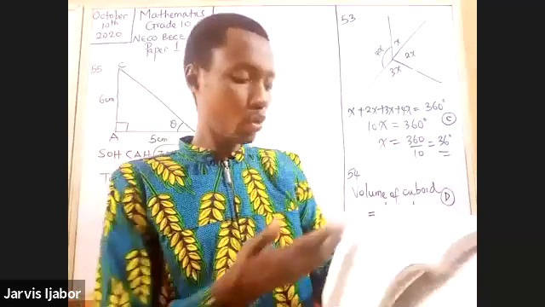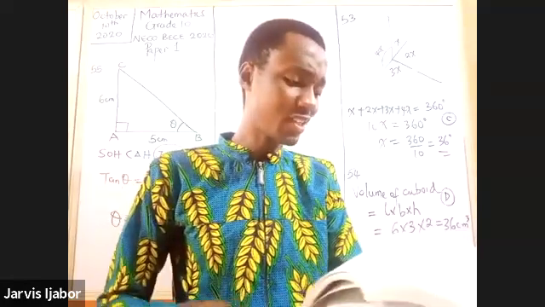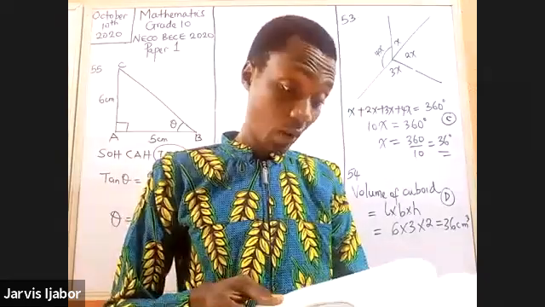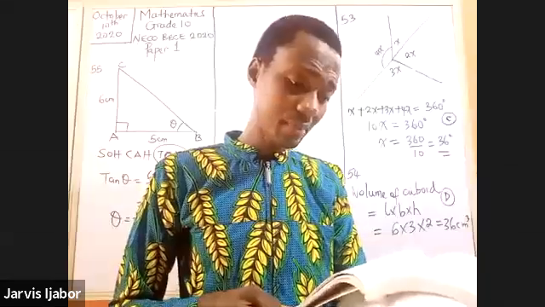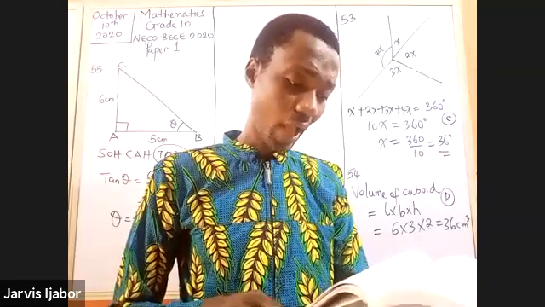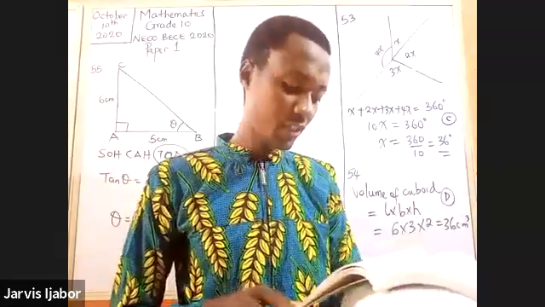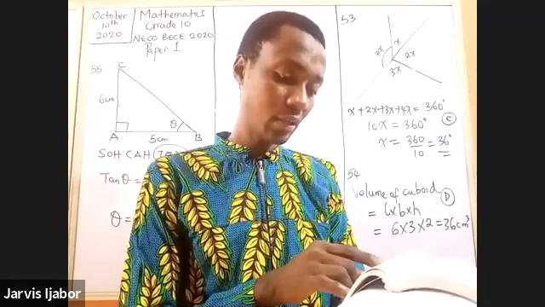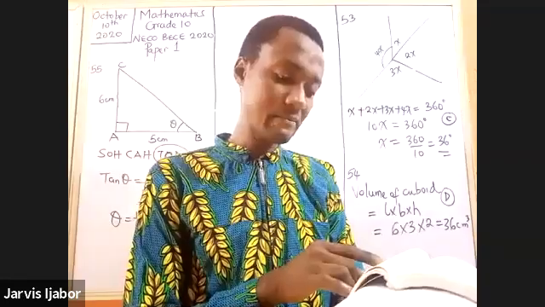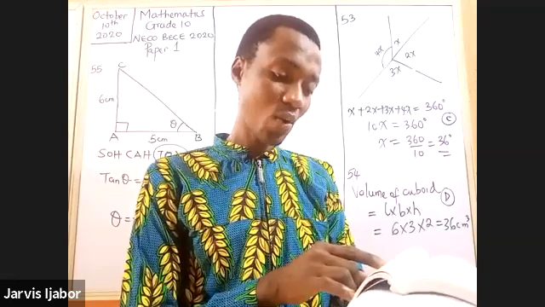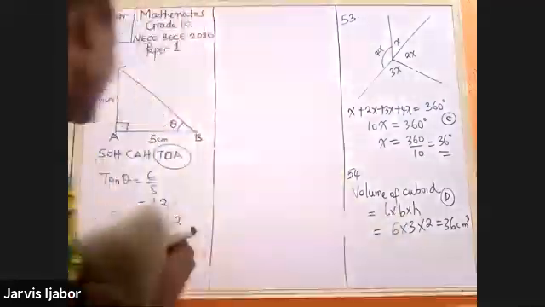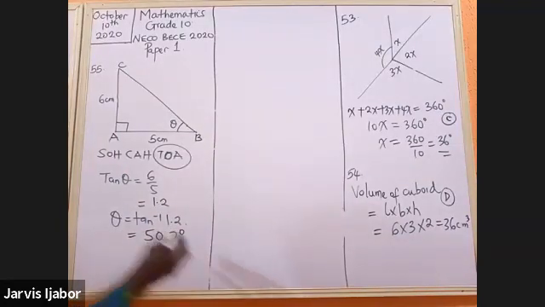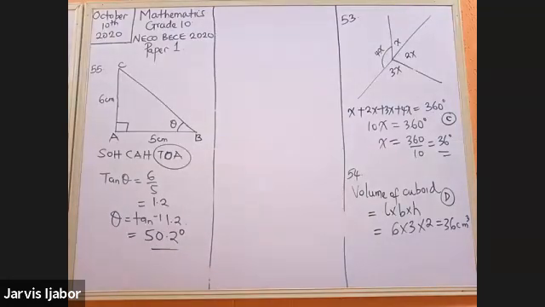So here we're going to look at the content and look for where I have a value that is close to 1.2. If I look at my table very well, I'm seeing something in the neighborhood of 50.1, 19. So approximately this angle is going to be 50.2 degrees.